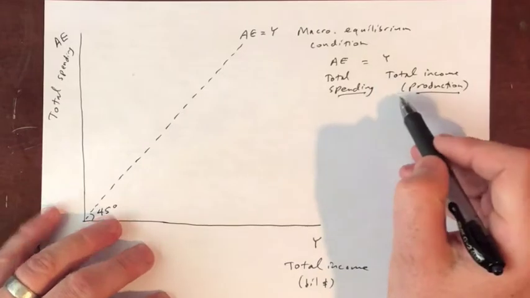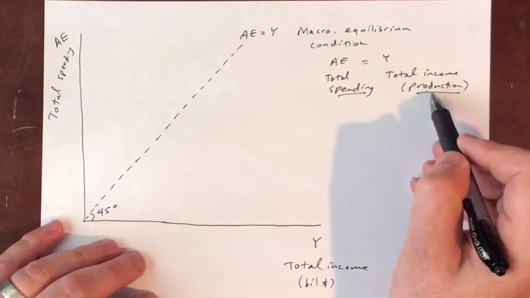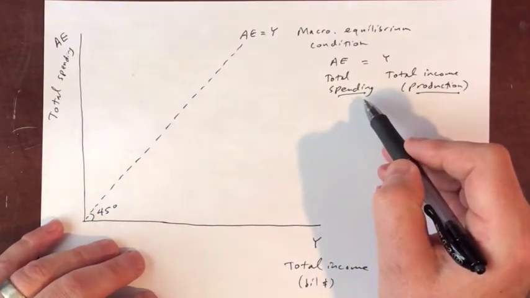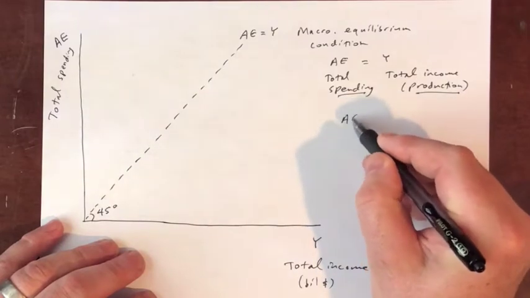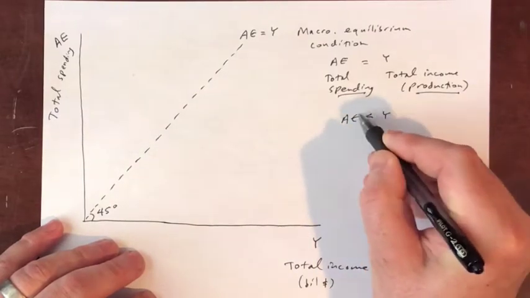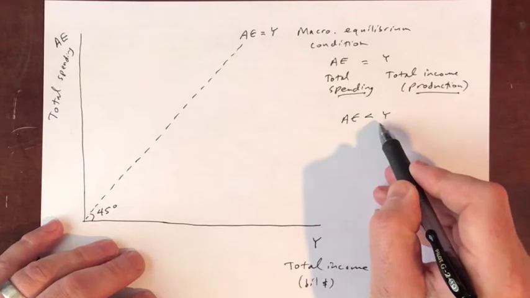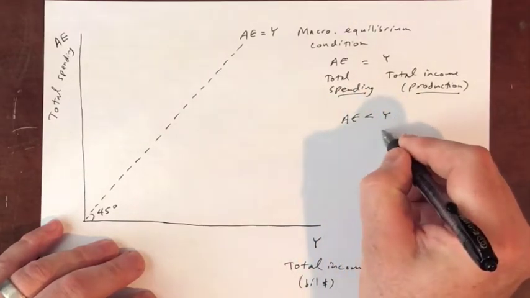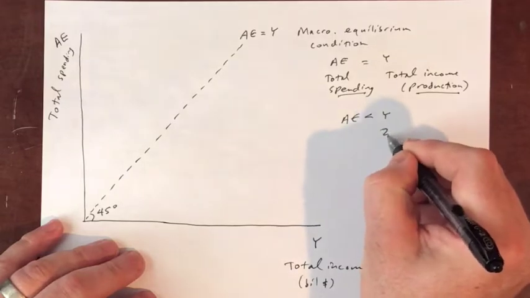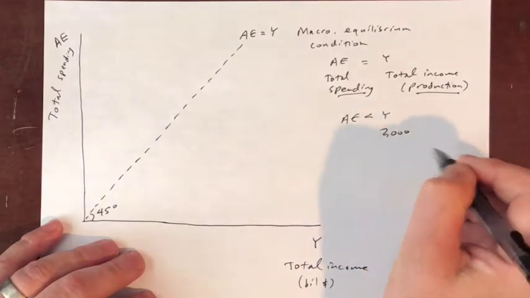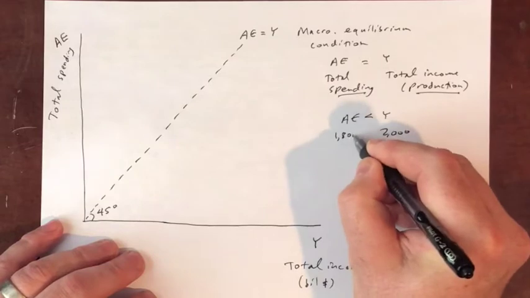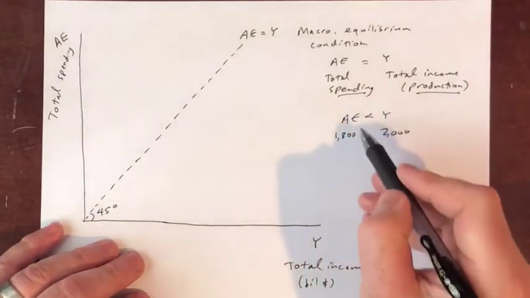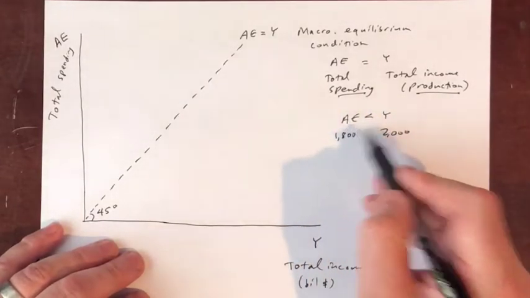Like we could have a situation where the income would be greater than the spending. Okay, so like this, what if aggregate expenditure is less than production? So imagine this was happening. Let's imagine that there was $2,000 billion worth of stuff that's produced, but only 1,800 billion of it actually is sold, is spent.